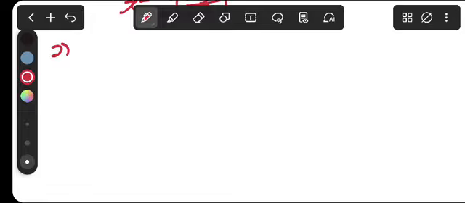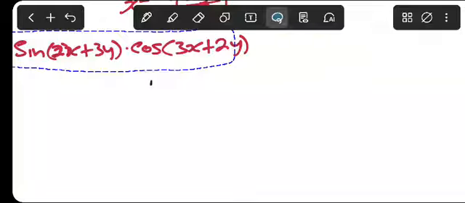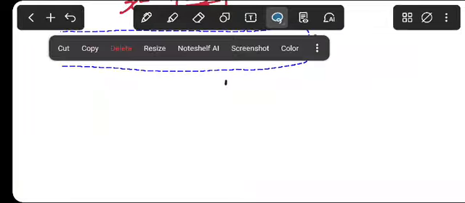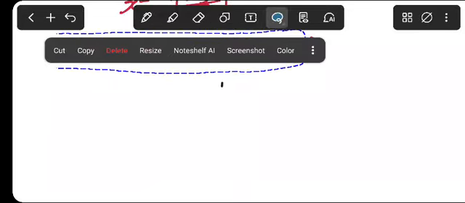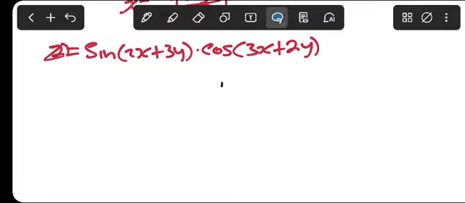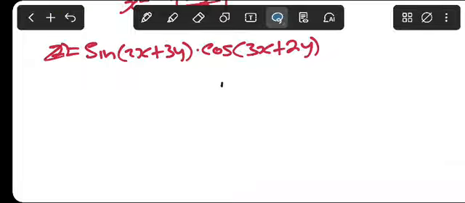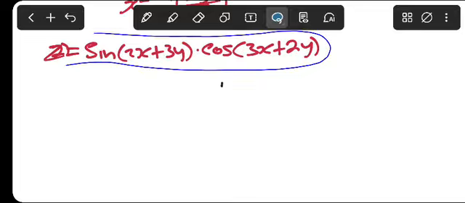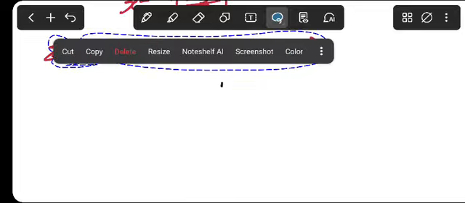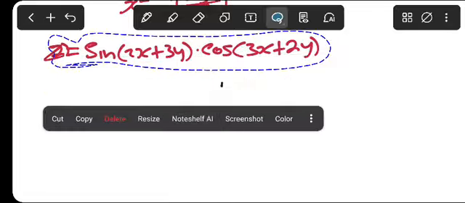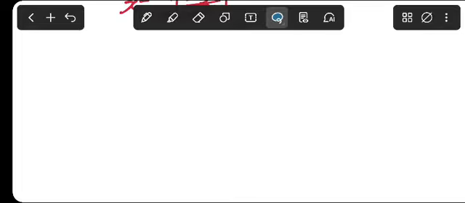All right, let me paste that. This is what we have. Sorry about this. Let me delete all of that.